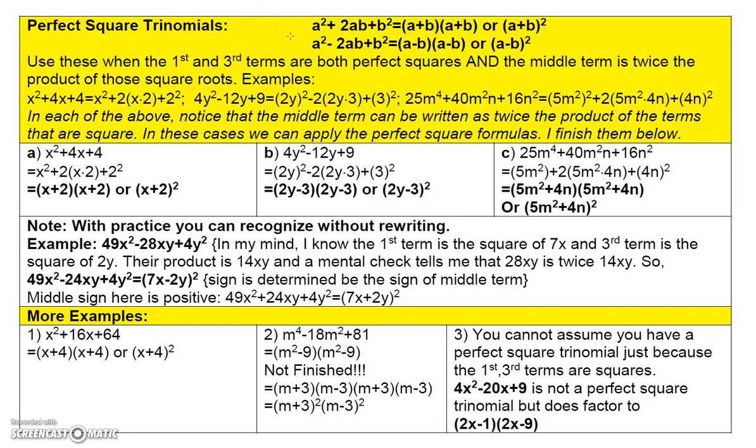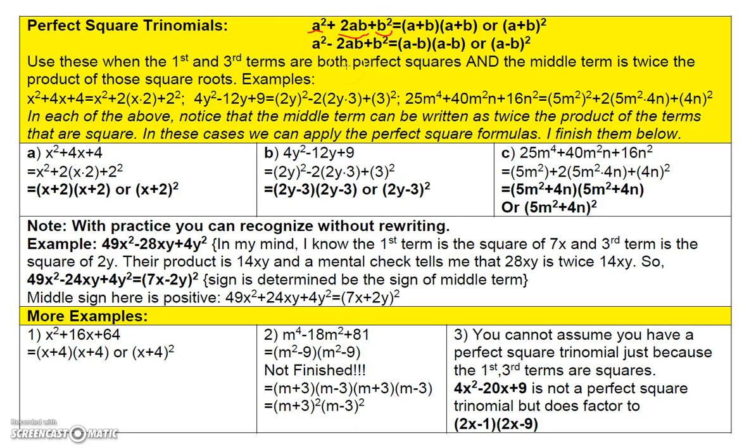Some other formulas are formulas for perfect square trinomials. Now, to recognize perfect square trinomials, you have to notice that the first term and the last term are squared, and the middle term has to be twice the product of these square roots.